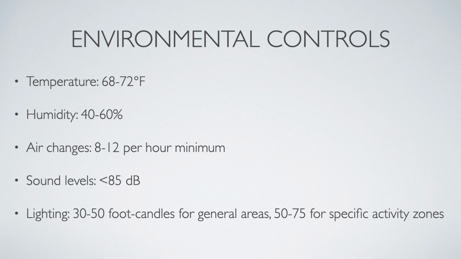Sound levels, we don't want it too loud, so we want to keep it no louder than 85 decibels. And we want to have great lighting. So this is the standard 30 to 50 foot candles for general areas and 50 to 75 for specific activity zones. These are all standards that ACSM provides us.